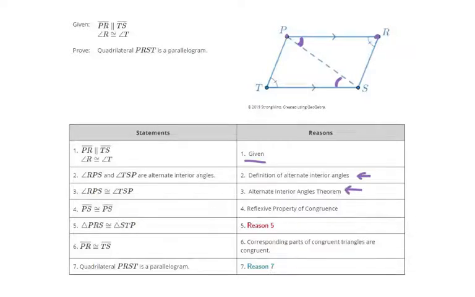Then we have PS is congruent to PS. So let's see, we had one arc here with a line. I guess we could say this is two arcs and two arcs. And then it tells us that PS, because you can see both triangles, the upper triangle and the lower triangle both share PS. And we know that that's the same by the reflexive property.